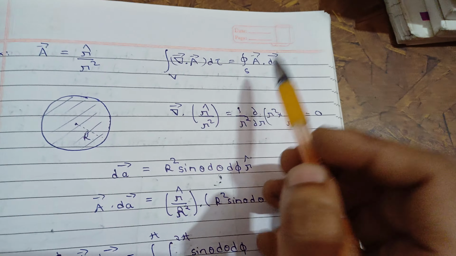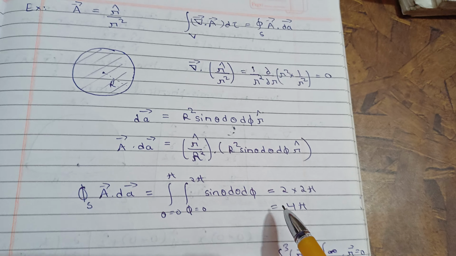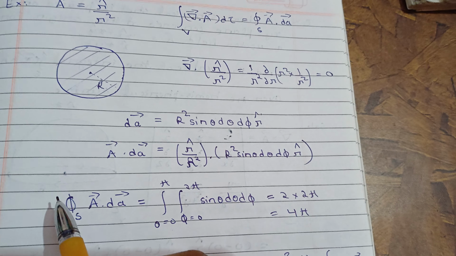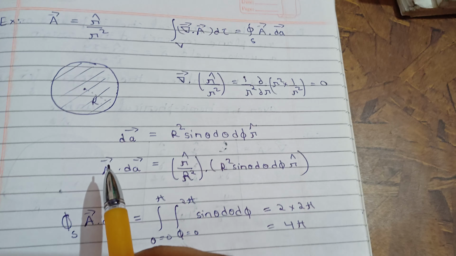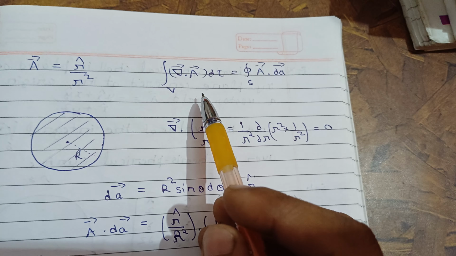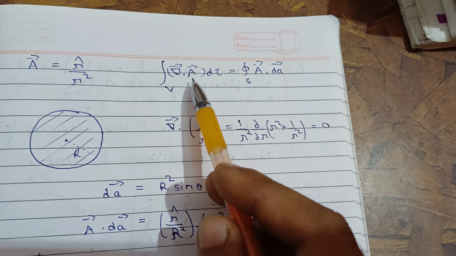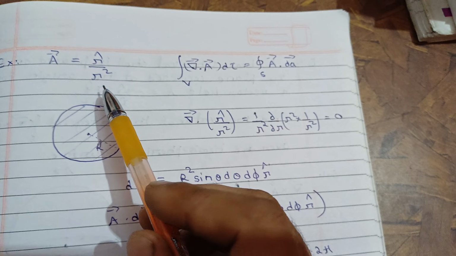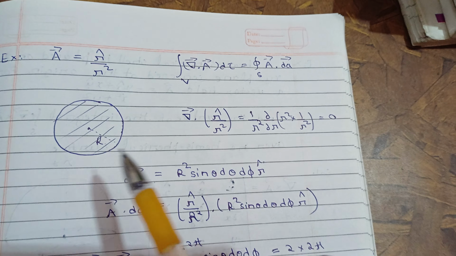Now see, the right hand side is giving you 4 pi, but the left hand side is giving you 0. So can we say that this theorem is wrong here? But no, we can't say that, because this theorem is valid when you find the divergence at all the points. Now if you see, this A is not defined for r equal to 0.